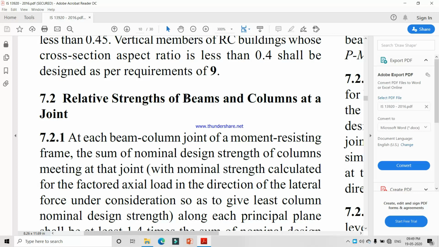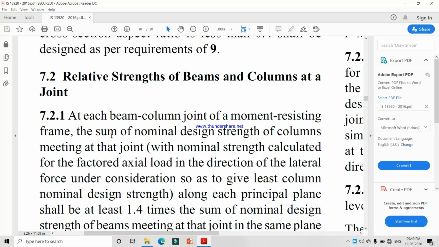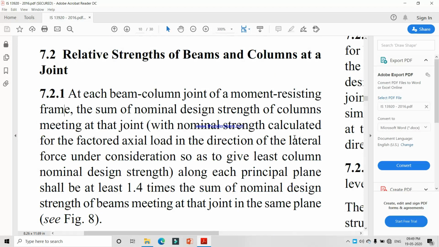These are the strengthening of the beam and column at a joint. We require the beam column joint to be stronger, so we have to design for the moment resisting frame, and the sum of the nominal design strength of the columns is at least 1.4 times the sum of the nominal design strength of the beams. Why do we do this?